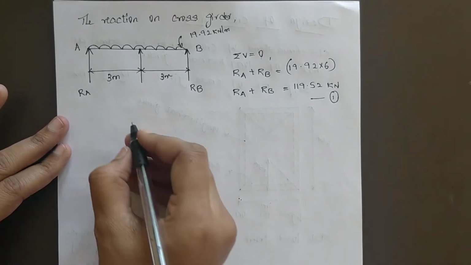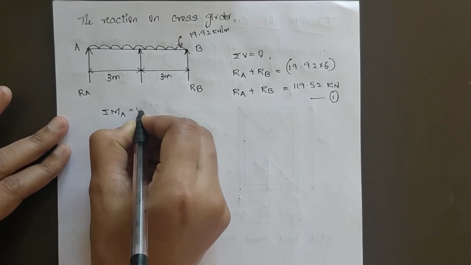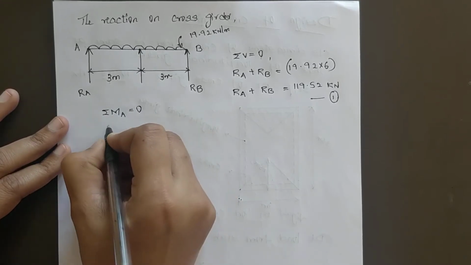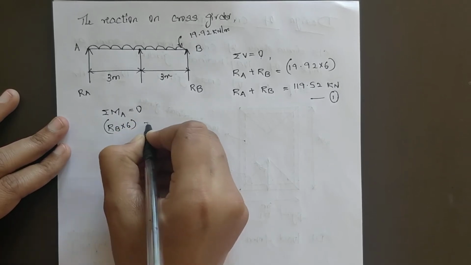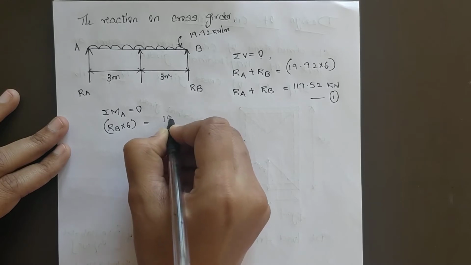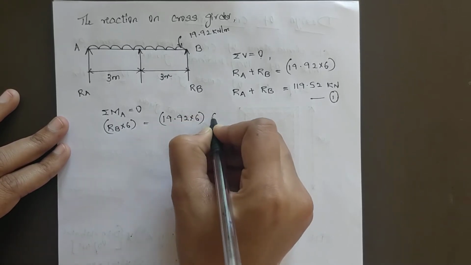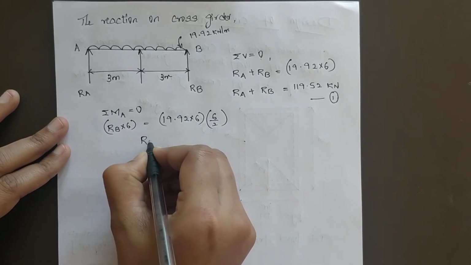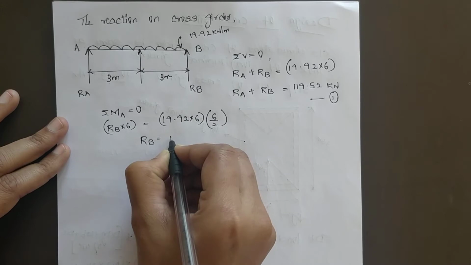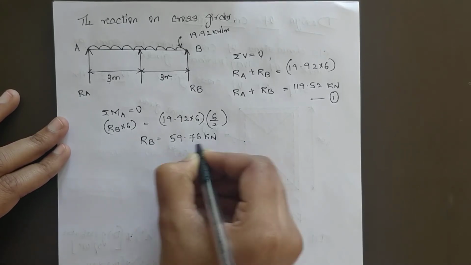Then take moment of these forces about point A. RB into 6 will be equal to 19.92 into 6 divided by 2. Then you will get the RB value as 59.76 kilonewton.